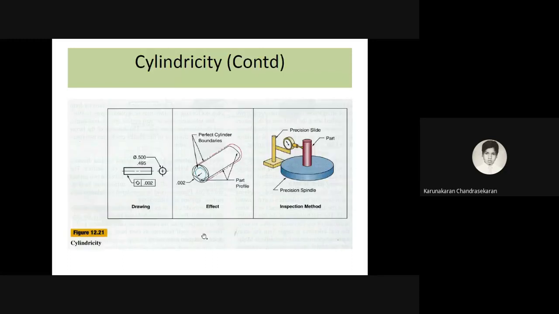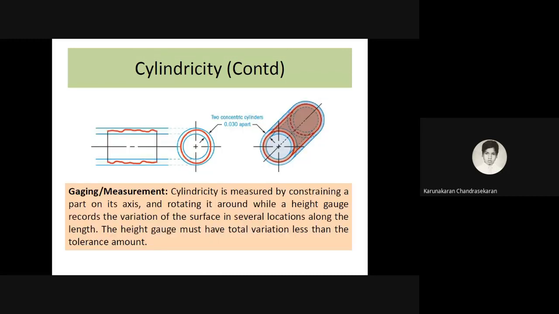Now, this is the methodology of how to measure it. Then again, some measurement symbols are given showing how to measure this. Here, if you see, by constraining the part on its axis and rotating it around, with a height gauge or even a dial gauge, record the variations.